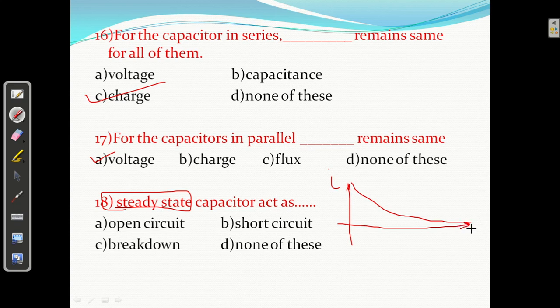Finally, at t equal to infinity, that is called the steady state condition. What is the current? Equal to 0 ampere. And 0 current means open circuit. So at steady state the capacitor acts as an open circuit.